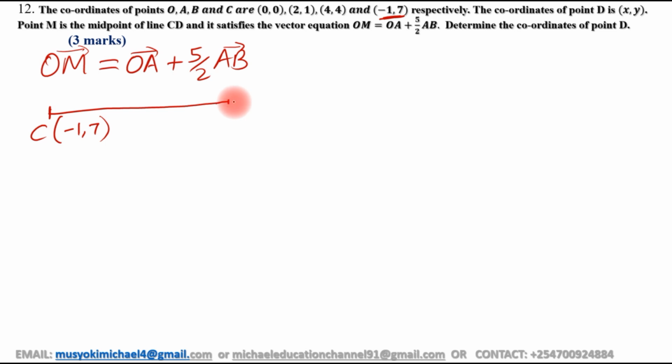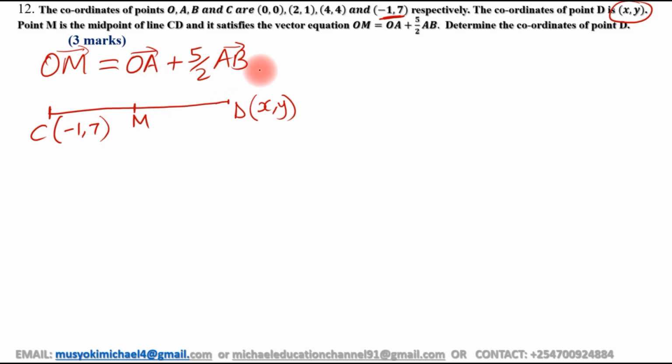So let us draw this vector line, point C (-1, 7), and then point D, which is (x, y). M is the midpoint of CD, so we can get point M.